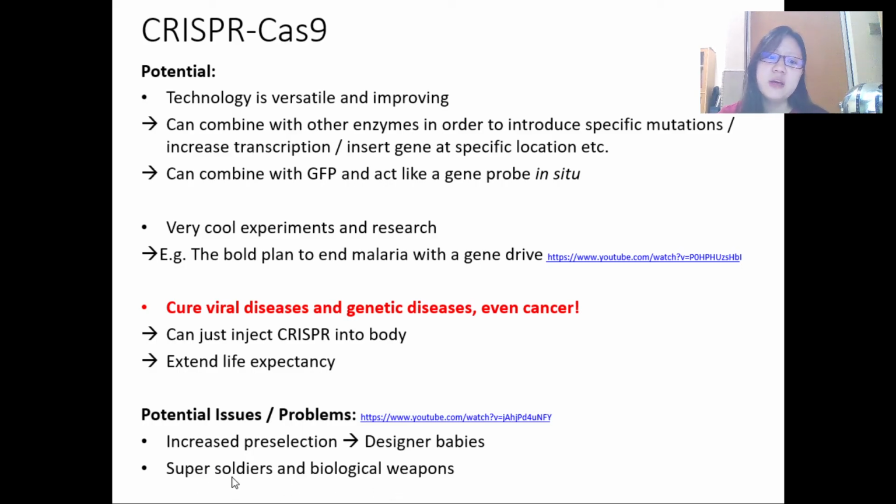So you can maybe genetically edit your soldiers to have more strength, more muscle building capacity, to be taller, to be bigger. Maybe even biological weapons. So maybe design a virus that could cause a pandemic, but only you have the cure. Conspiracy theories. Anyways, those are fictional at the moment, but it could be a problem if CRISPR-Cas9 becomes widely spread and very cheap and is not regulated by authorities.